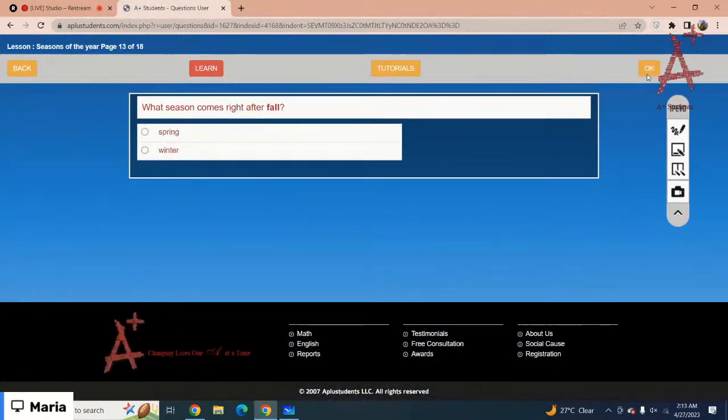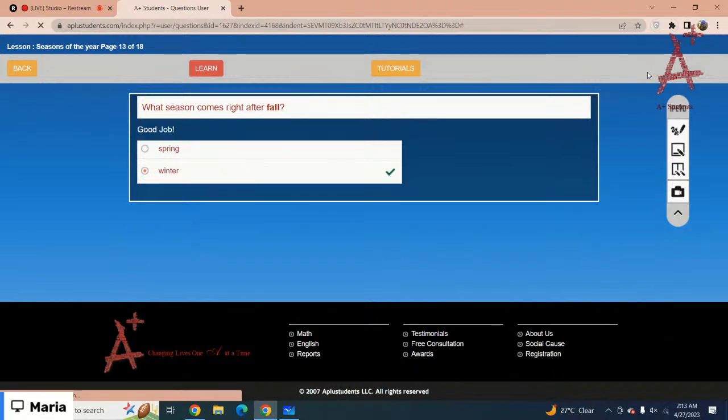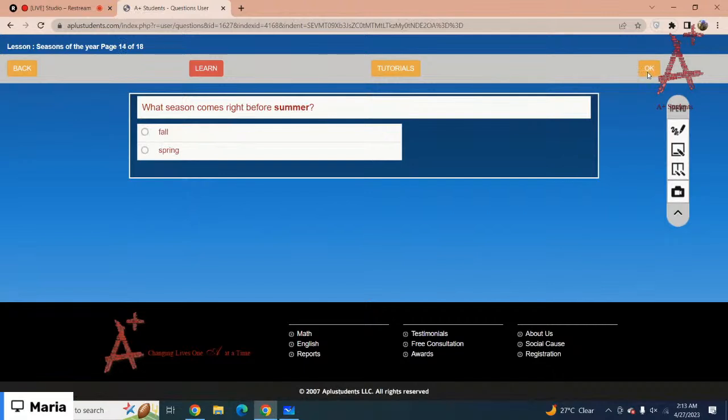What season comes right after fall? After the fall, we have winter. So the correct option is winter. What season comes right before summer?